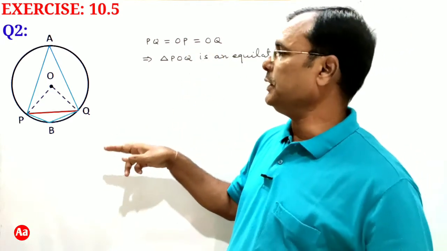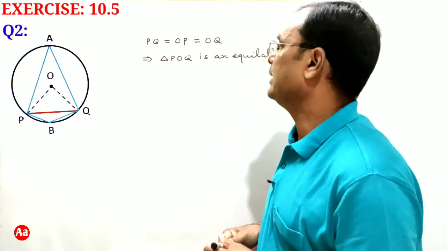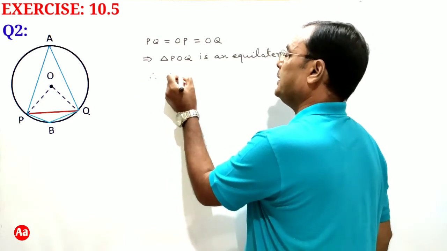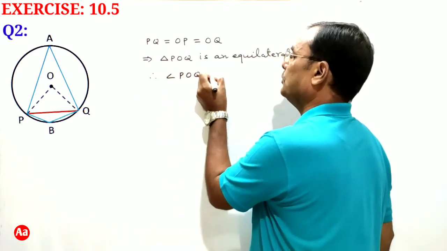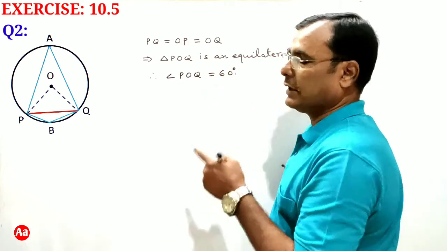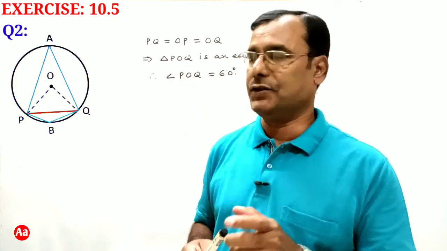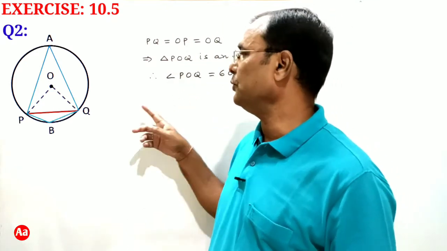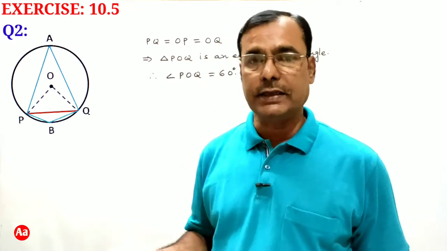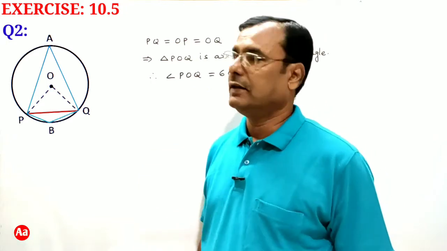So triangle POQ this way will be an equilateral triangle, and therefore angle POQ is equal to 60 degrees, because angles of an equilateral triangle are 60 degrees each. So this way angle POQ, the angle subtended by the chord PQ at the center of the circle O, is 60 degrees.